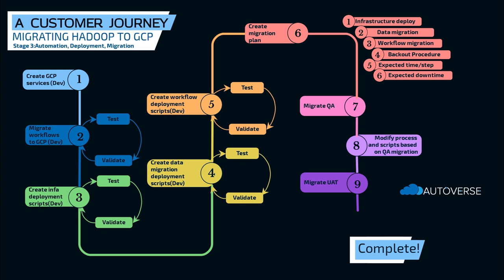Because we have automated all of the main work and we have scripted it, we can take the time within UAT to perfect the whole migration procedure. So by the time you get to step 10, which is migrating prod, you're essentially literally pressing a few buttons. Everyone's done it before. Everyone knows where to be, when, and you can ensure a successful migration.